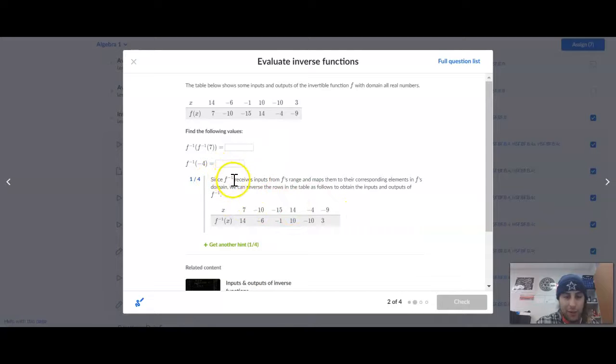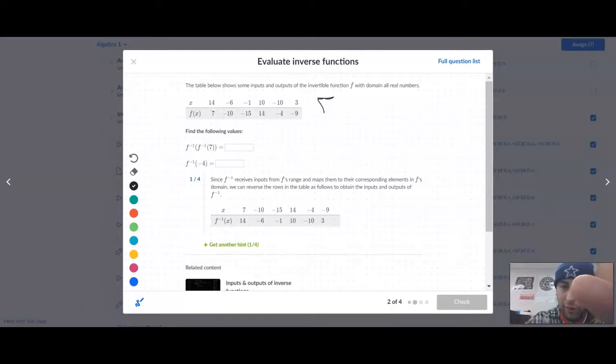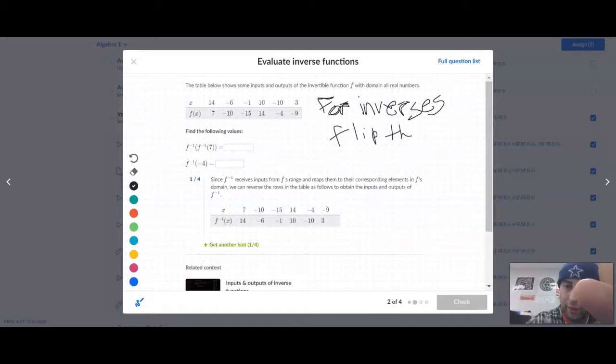This says since the inverse receives inputs from f's range and maps them to the corresponding elements in f's domain, we can reverse the row in the table. So let's write some stuff here. For inverses, flip the table.